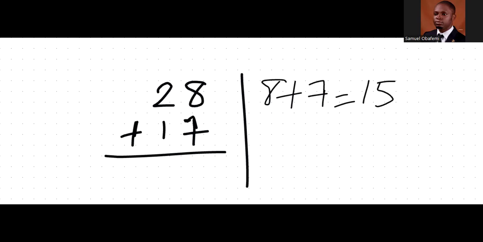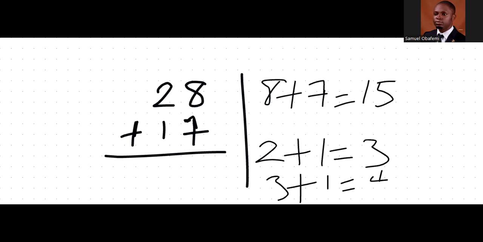Step 3 will be to add the tens, which is 2 plus 1. 2 plus 1 will give us 3. But you remember you have to add the one you carried, plus 1, which gives us 4. So at the end, we have 45.